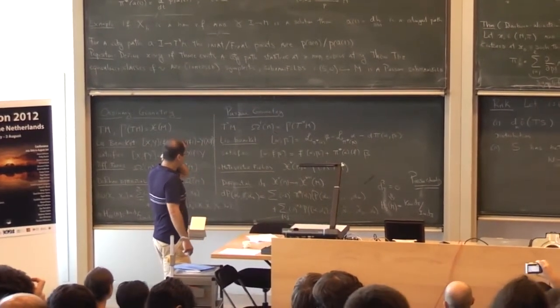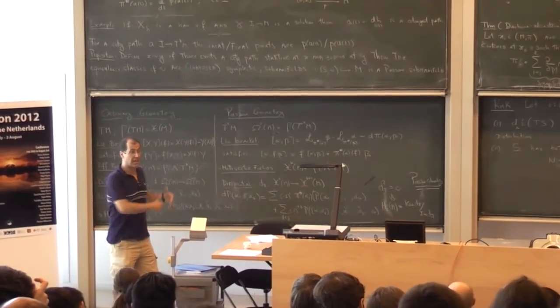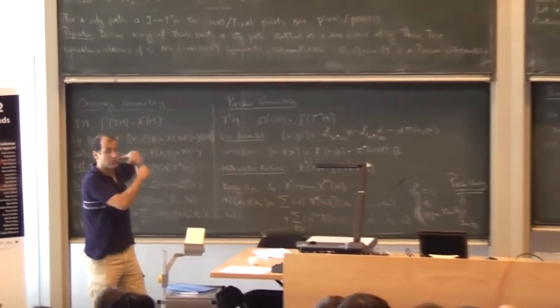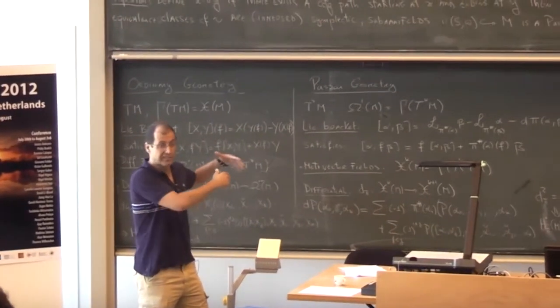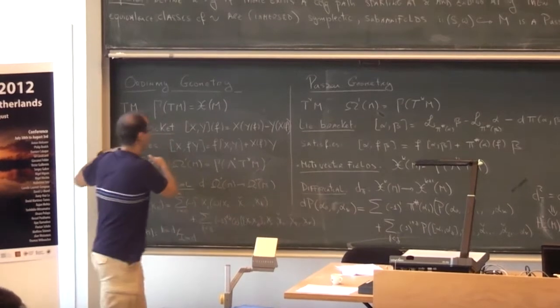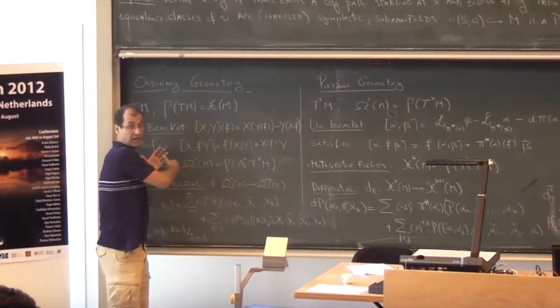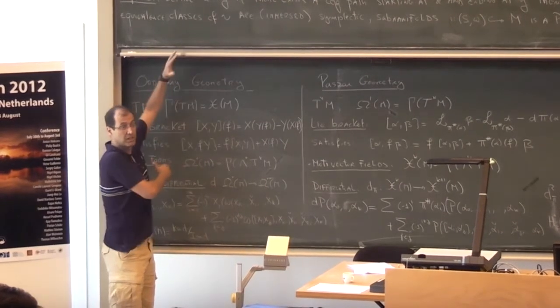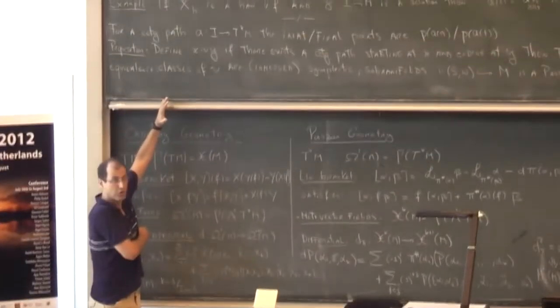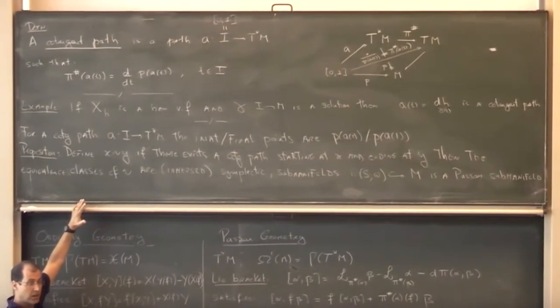And then I'm going to go forward with this analogy between ordinary geometry and Poisson geometry, and this is for you to think. So remember, behind here there is also another thing, which is homotopy of paths. Now I told you that there is some notion of path in Poisson geometry, which is these cotangent paths.